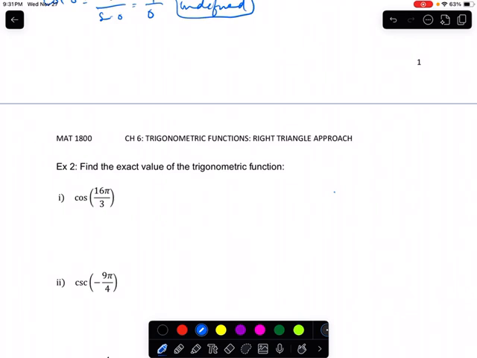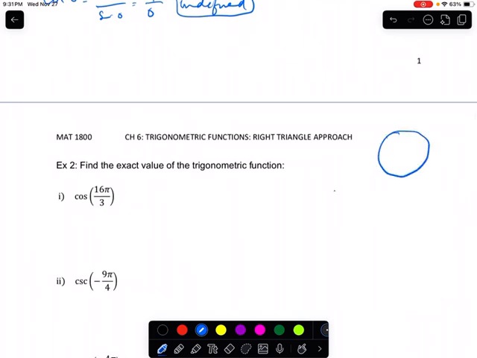In order to do this, you can take your unit circle and divide it into pieces of pi over 3. So 1 pi over 3, 2 pi over 3, then 3 pi over 3, 4 pi over 3, 5 pi over 3, and then 6 pi over 3. So these are our lines.